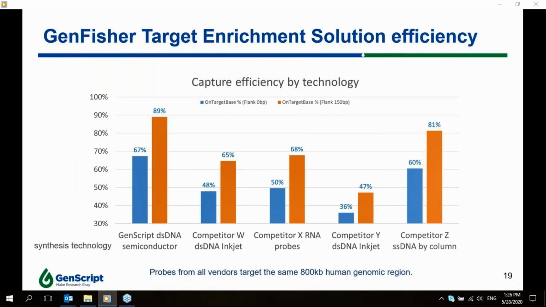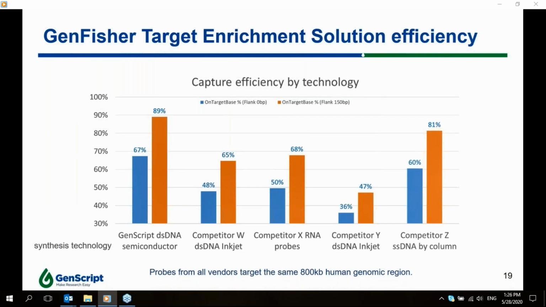It is defined as the percent of sequenced bases matching the desired target regions. The blue bars show the raw on-target percentage, while the orange bars consider a base as on target if it's within the 150 nucleotide padding regions of the target, because a captured NGS library molecule may overlap only partially with the probe.